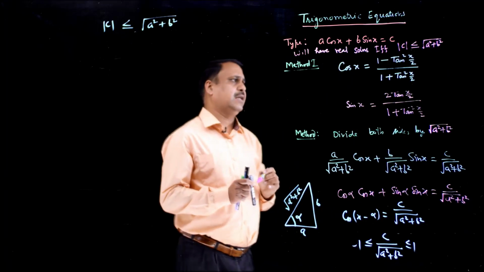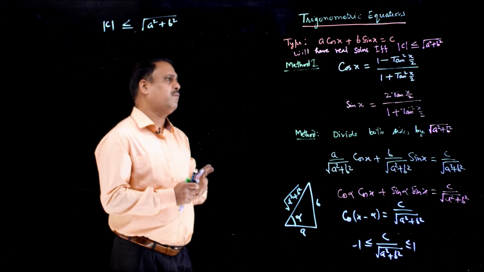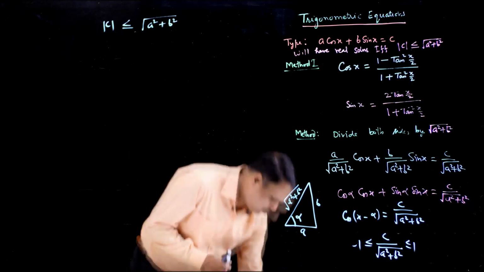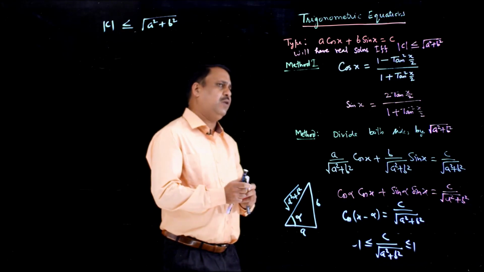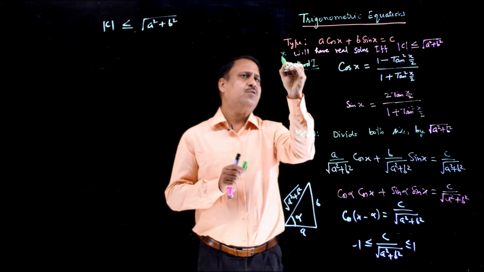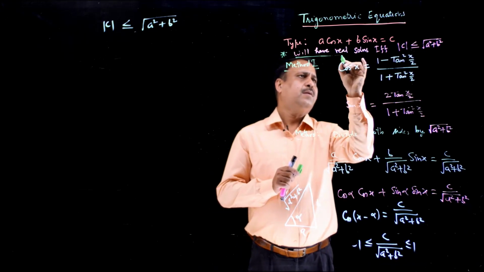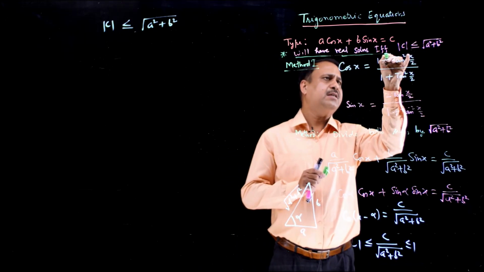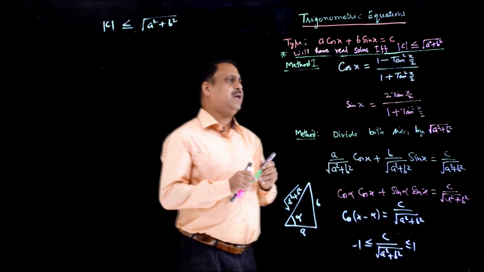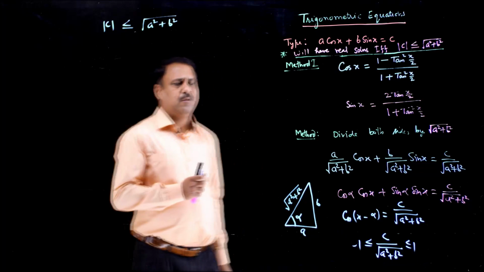This is a very important condition. If this condition is not fulfilled, there will be no root of this equation. This equation will not have any real root. Sometimes there will be questions based on this concept only, so you must note this down carefully. This equation will have real solutions if and only if mod c is less than or equal to under root of a square plus b square. And then afterward we can find the solution by our normal method.